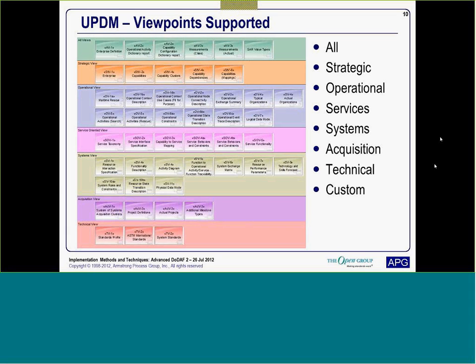The viewpoints that are supported include the all views viewpoint, which has things like the vision or the enterprise definition of what I am going to do with this architecture, what this architecture is intended to describe, and the dictionary or the ontology that is a part of that and drives this effort. A number of other reports, things like measurement.